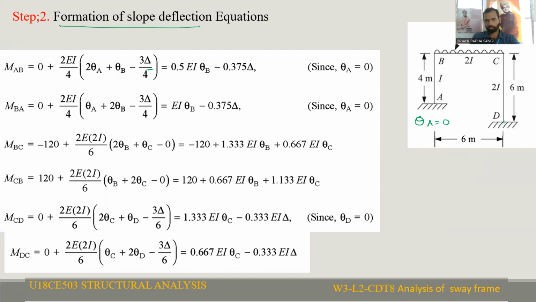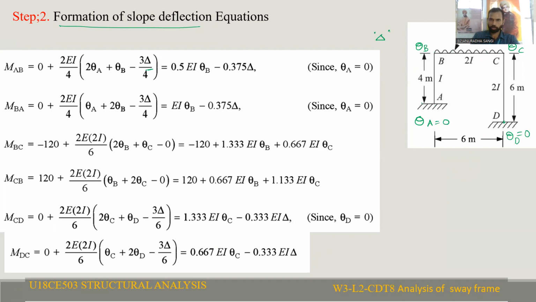At D, fixed support, theta D is also 0. At B, theta B is unknown, that we need to calculate, and at C, theta C is unknown, that we need to calculate, and along with theta B and theta C, delta sway is also there. So we have three basic unknown displacements: theta B, theta C and delta.